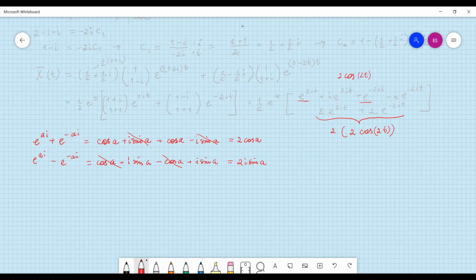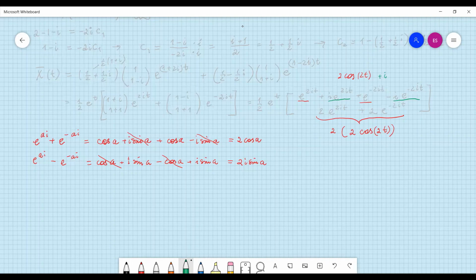This term and this term. Now let me change the color. Okay, now I'm going to combine these 2 terms. And you see that if you take i outside, you are going to have exactly 2it minus 2it.